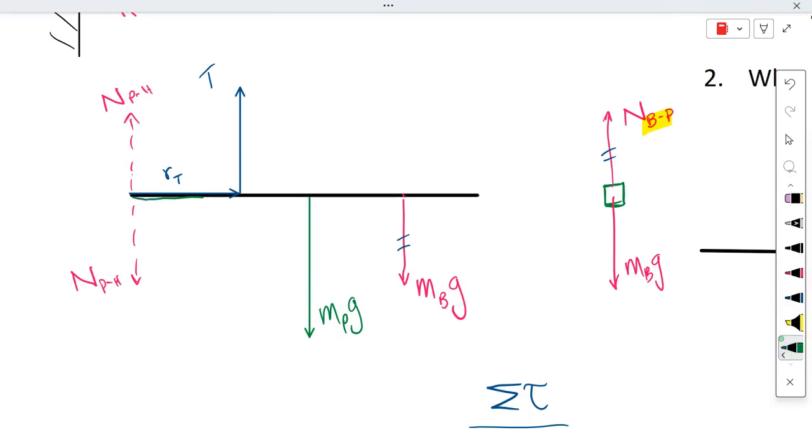So there's an R to T, here's an R to M. How about an R to the plank? Sure, and here's an R to the box.